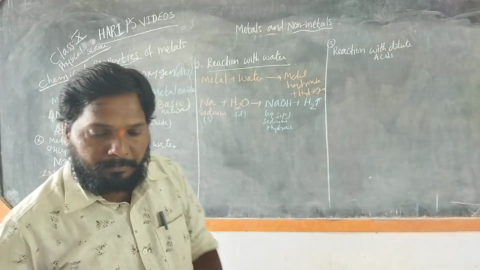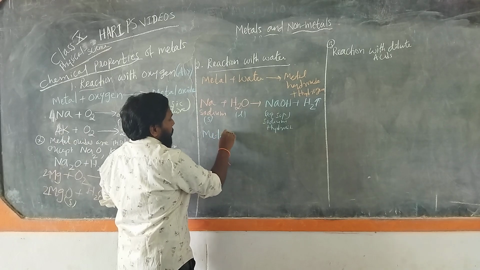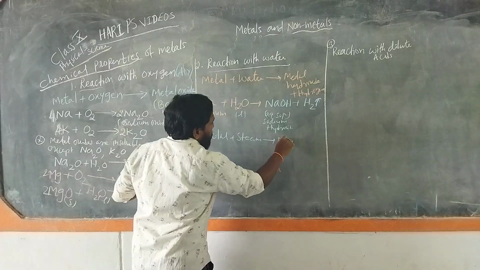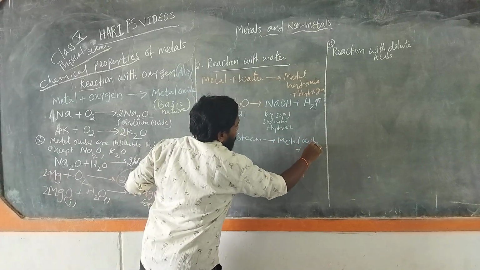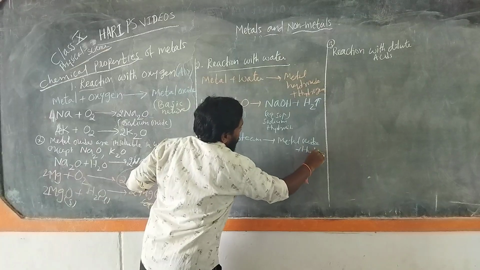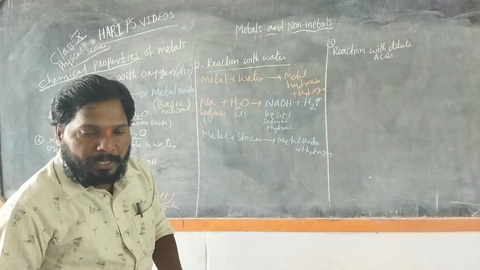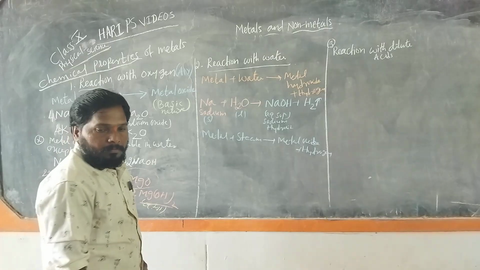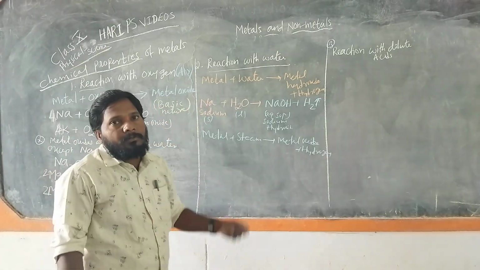When a metal reacts with steam, water vapor, it gives metal oxide plus hydrogen. Example, potassium. Even potassium reacts with water vigorously.